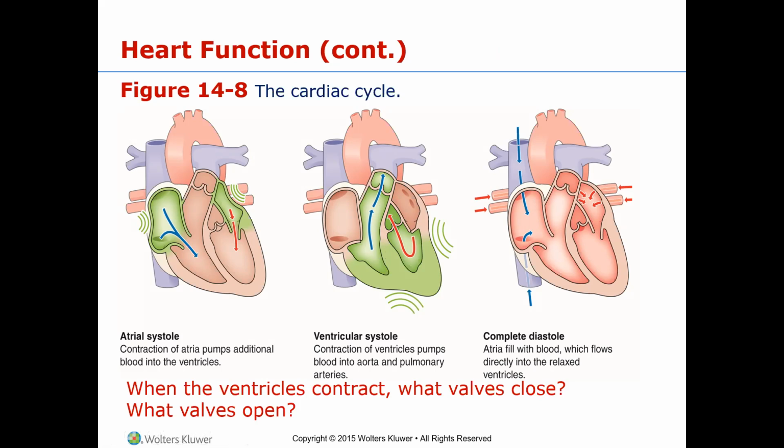The right ventricle is going to pump blood through the pulmonary valve to the right and left pulmonary arteries to the lungs. At the same time, the left ventricle is contracting, sending blood out to the aorta to the rest of the body.